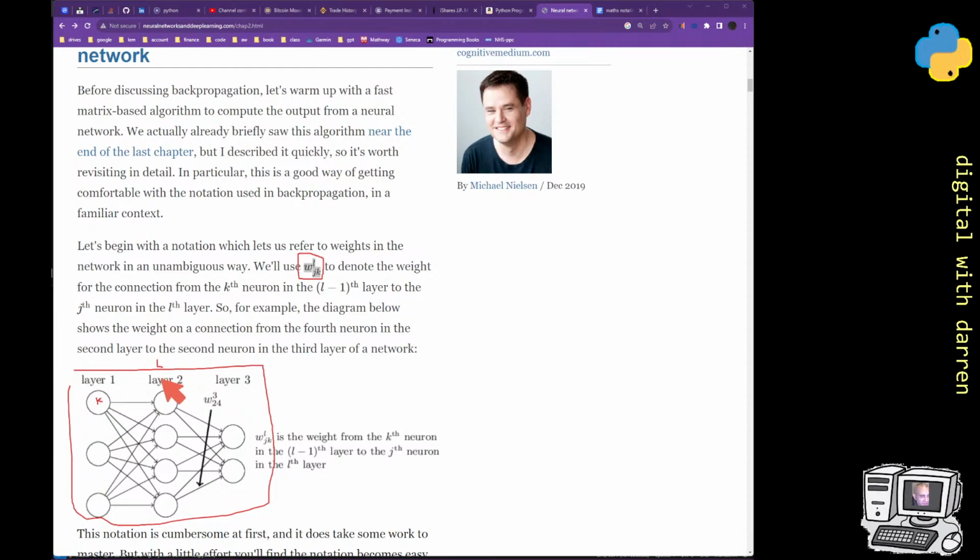So if this is layer L, this is L minus 1, that's the L minus 1th layer. And maybe I'll separate those, so our layers are here, layer 1, layer 2, layer 3. That's what this person's describing here, and so that's our kth neuron and how it's related to the jth neuron.